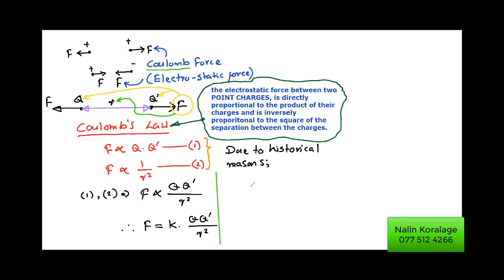This constant of proportionality K is written as 1 over 4 times pi epsilon. That symbol is called epsilon, E P S I L O N. So 1 over 4 times pi epsilon.